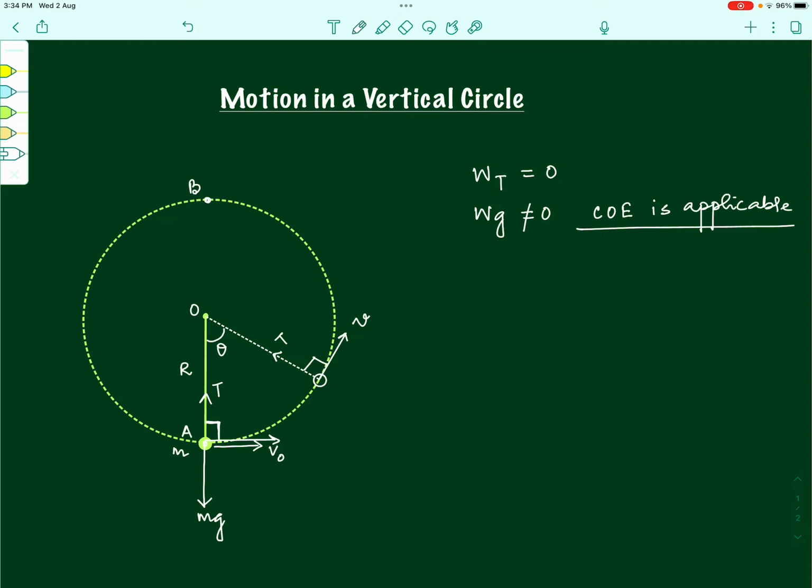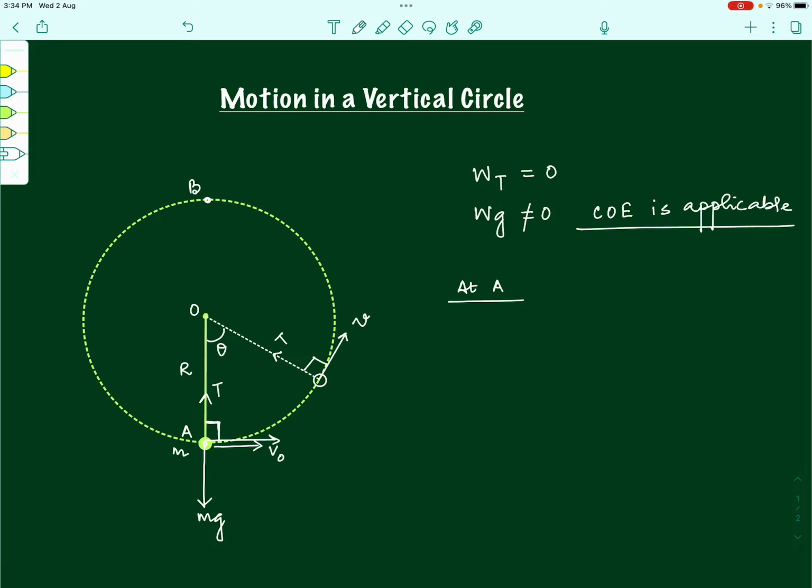The second thing is about the forces. See that at the lowest point, let us call the lowest point the point A. At A, if we have taken the velocity at the lowest point as v naught, the velocity along the tangent, can we write the equation for the net force acting on the bob along the vertical, that means along the radial direction?